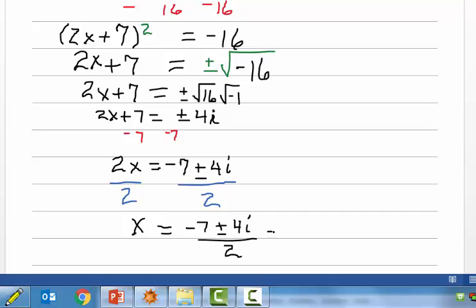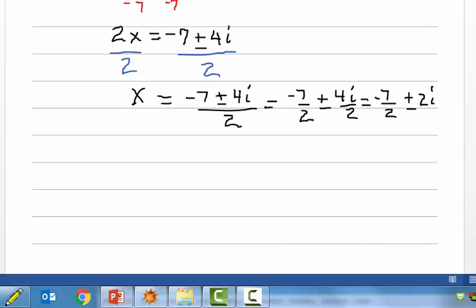And these should be split up into two separate parts. The real part is negative 7 over 2. I'm going to add to that and also subtract from that 4i over 2, which simplifies to negative 7 halves plus or minus 2i.